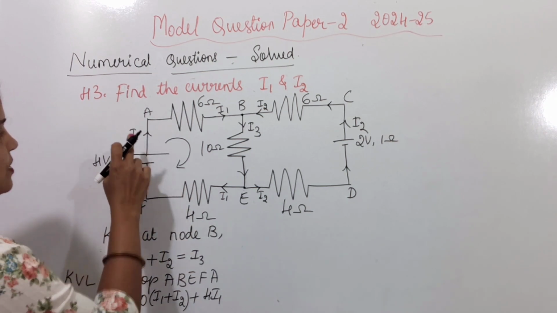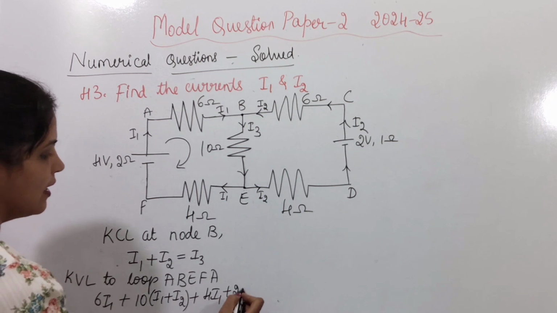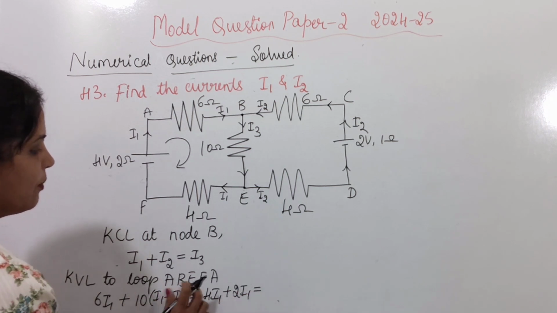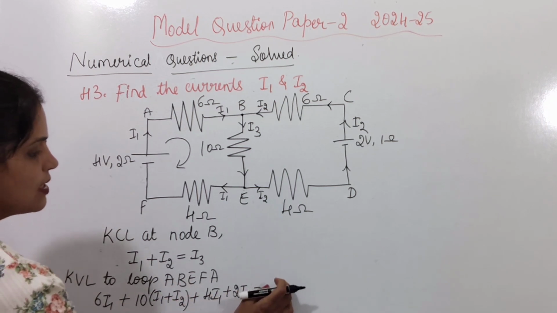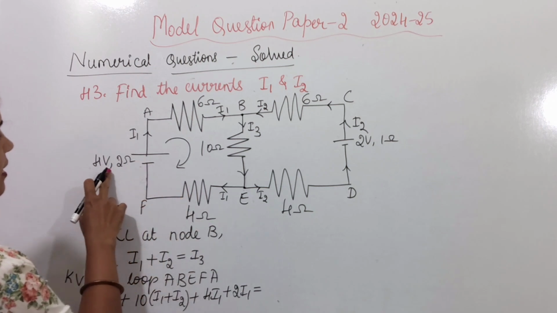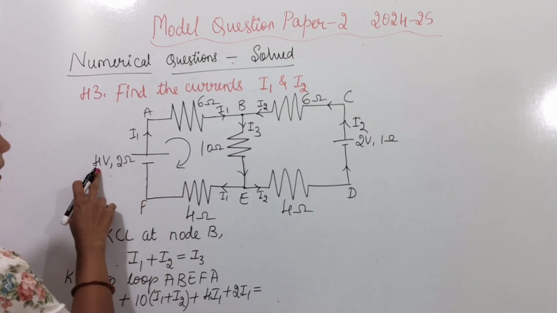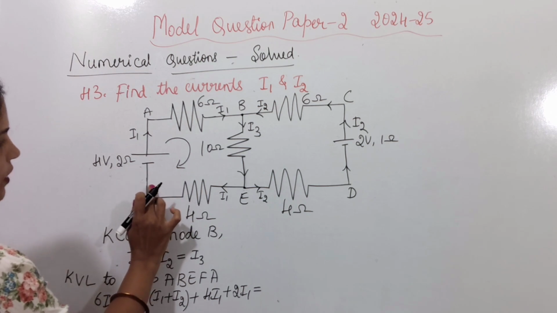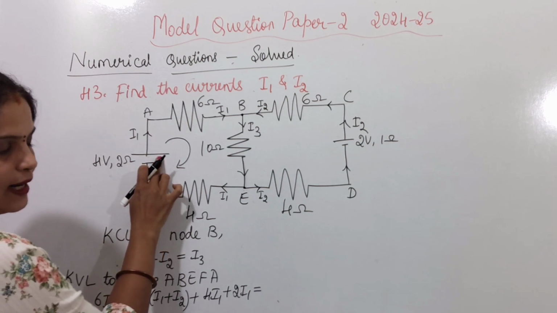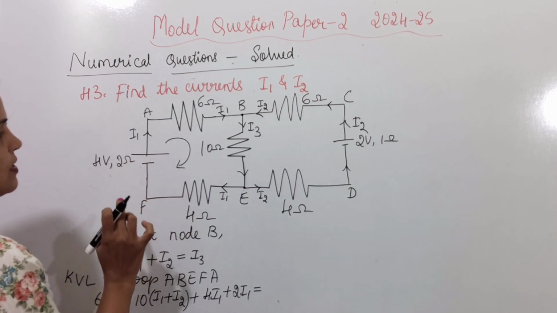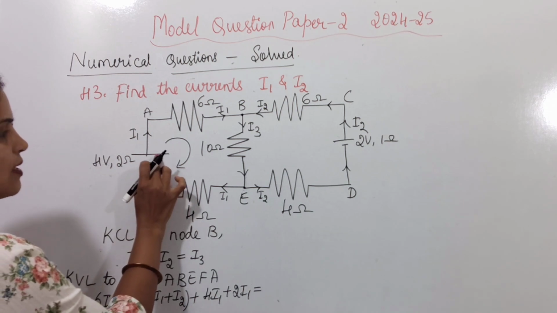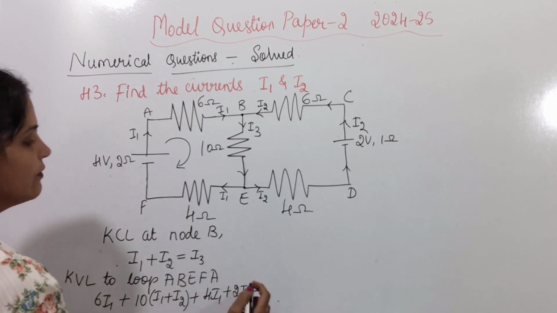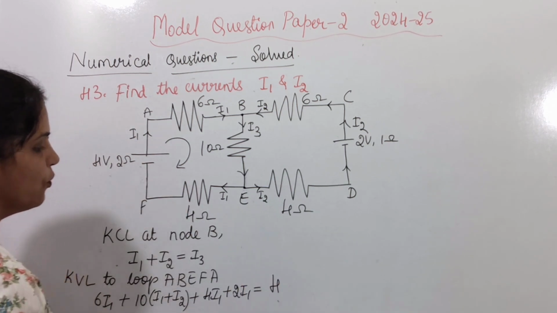So it is 2 times I1. The summation of IR products is equal to the summation of EMF. Here there is a voltage, the EMF, right? When we are moving towards the positive of the cell, then the EMF is positive. Since we are moving towards the positive of the cell, the EMF is positive, so it is plus 4.